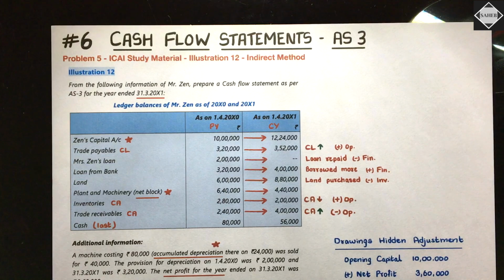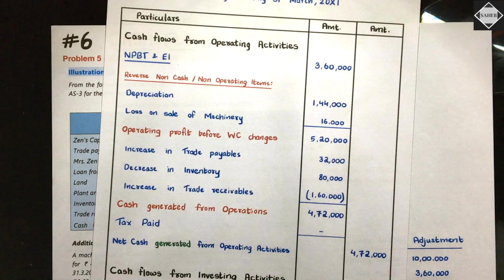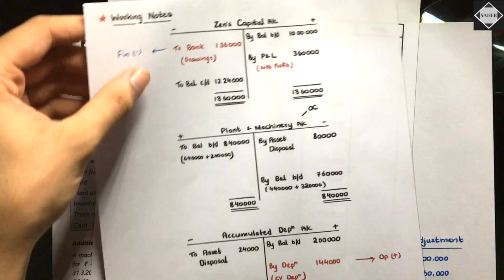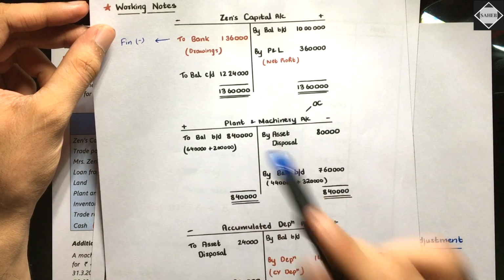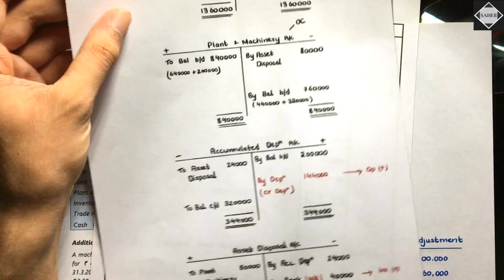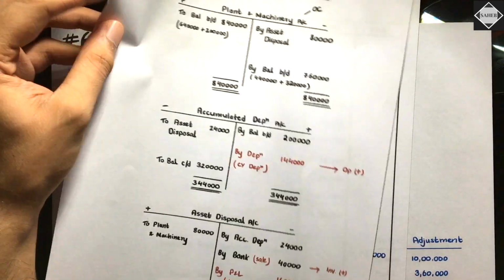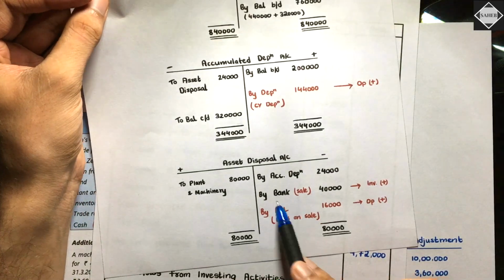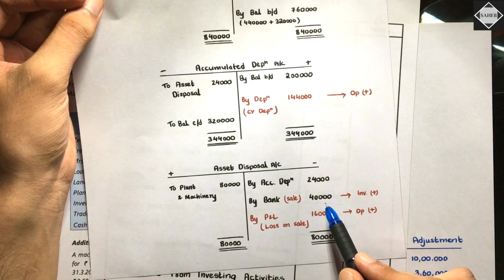Okay, for plant and machinery we can't just do directly looking in the question. No, we have to go to the ledger account, because there only we have the clarity properly what we have to do. So in plant and machinery, in this account no effect will go in cash flow statement because we have not purchased anything, right? So if you go to accumulated depreciation, here also nothing. Yes, but if we go to asset disposal, we find out we have sold a machinery for 40,000, isn't it?